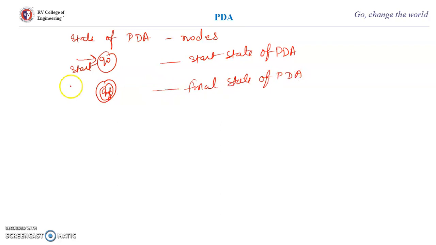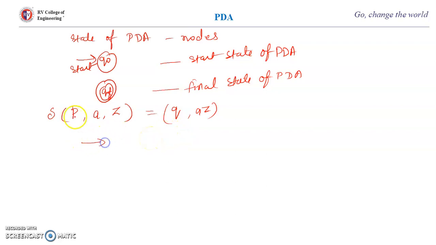And then if there is a transition in this form, if I say P is the current state, A is the input, Z is the stack top, and then Q is the next state, and then AZ is the stack content. Okay, suppose this is the state P. So now this is the delta notation. How do we represent it using graphical representation?